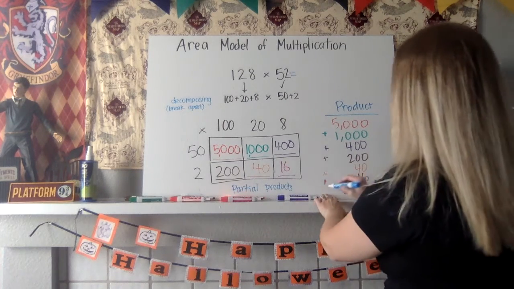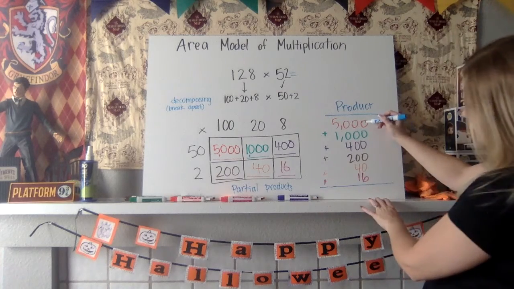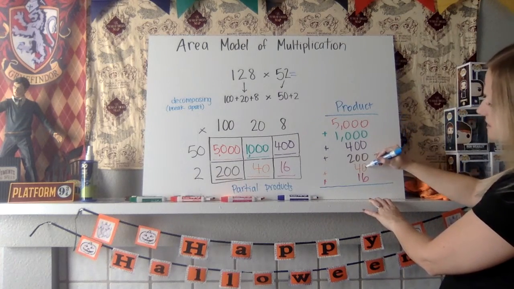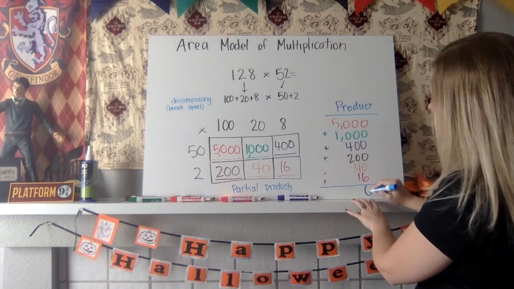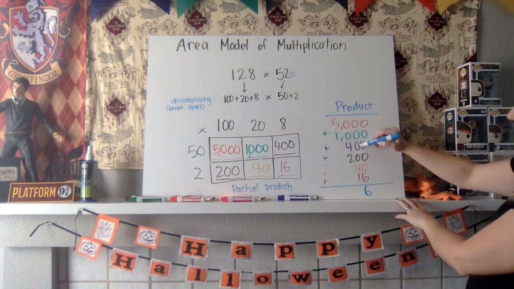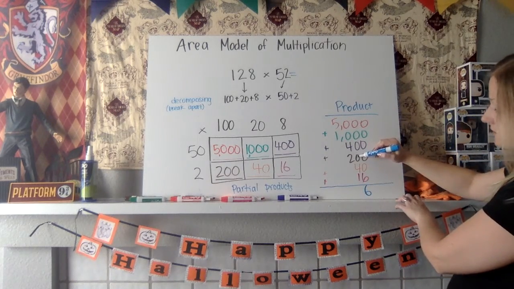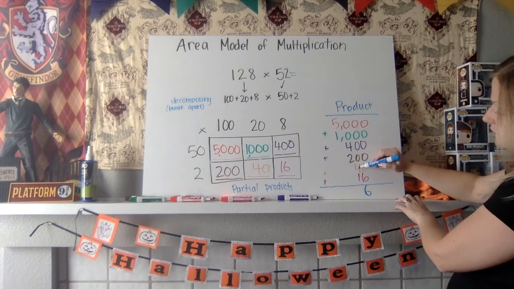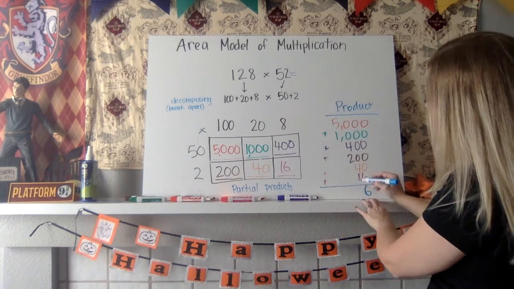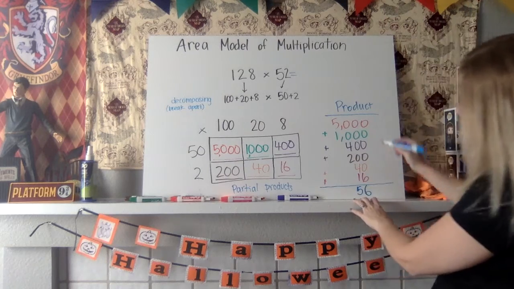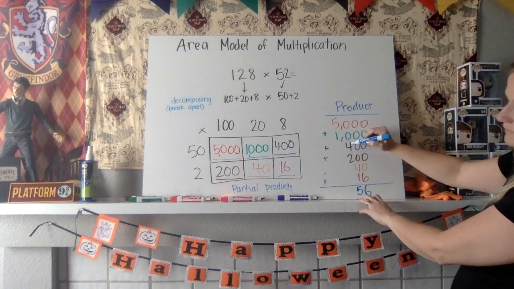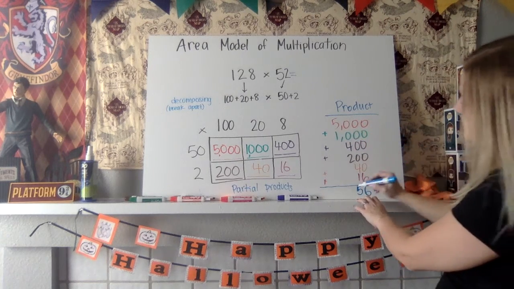So starting on the far right side, because that's the smallest place value. 0 plus 0 plus 0 plus 0 plus 0 plus 6 is 6. 0 plus 0 plus 0, now we're in the tens. Plus 0, 0. Plus 4 is 4, plus 1 is 5. 0 plus 0 plus 4 is 4, plus 2 is 6.